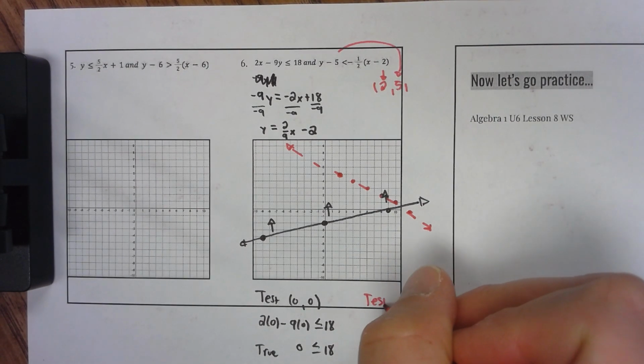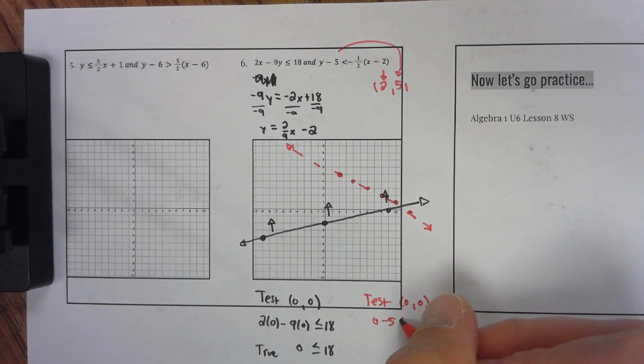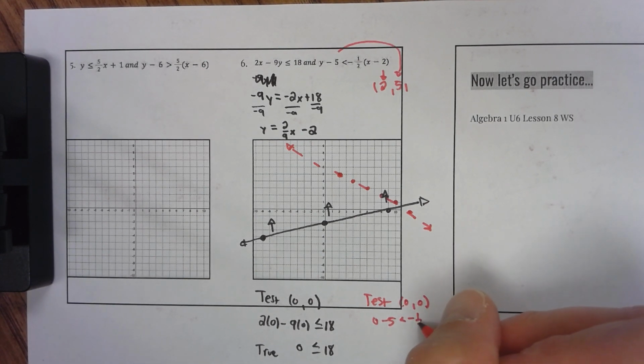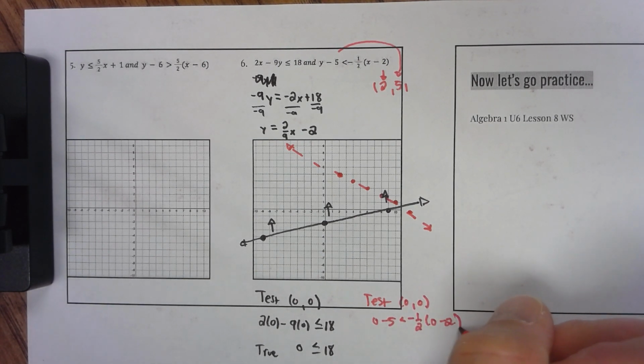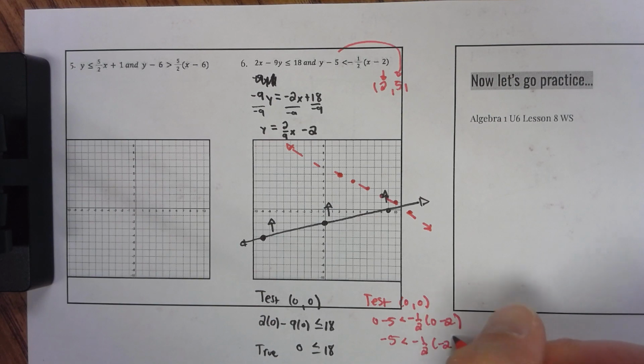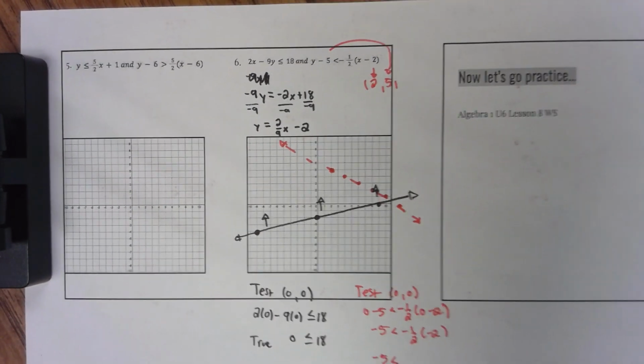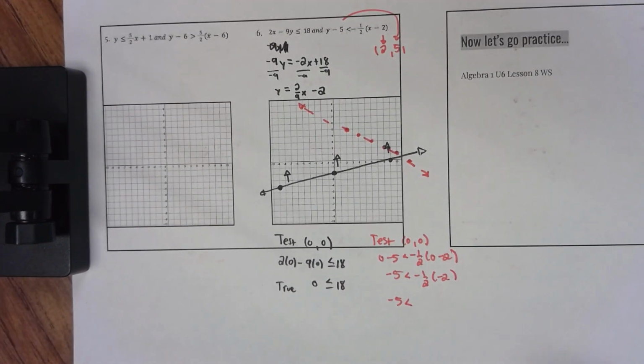So let's test 0, 0. So 0 minus 5, is that less than negative 1/2 times 0 minus 2? Negative 5, is that less than negative 1/2 times negative 2? Well, negative 1/2 times negative 2 is a positive 1.